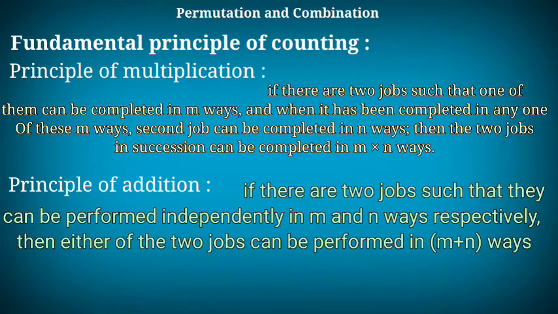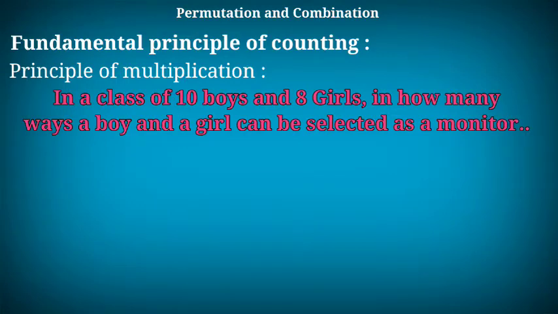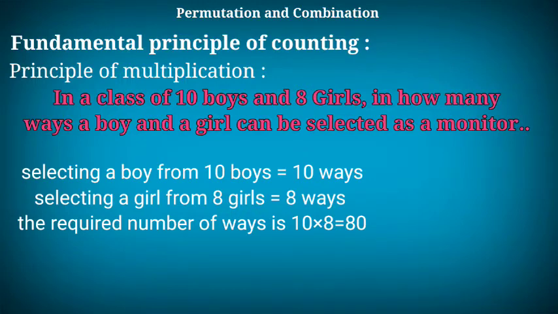So, let's understand this concept with a suitable example. Let's take the example that a teacher wants to make a monitor in the class, where the class contains 10 boys and 8 girls, and the teacher wants to make one boy and one girl the class monitors. So what we have to do? We have to use the principle of multiplication, that one boy will be selected from 10 boys and one girl will be selected from 8 girls.